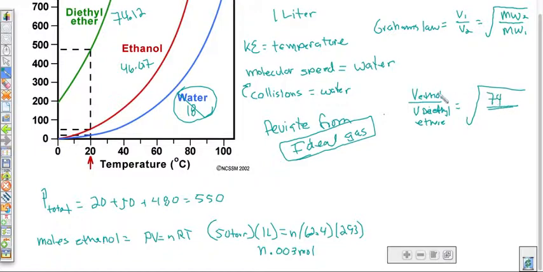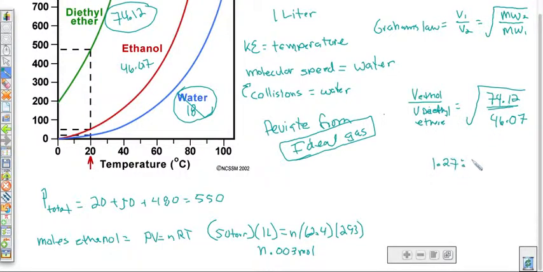And we got to flip these, so I want to put the second one on top here, and the first one. So diethyl ether is 74.12. We said that up here. And then ethanol is 46.07.